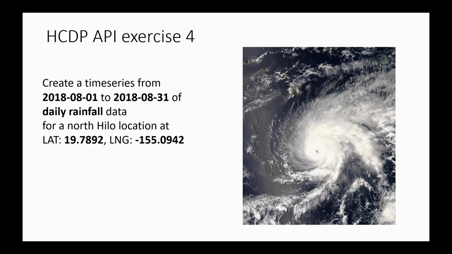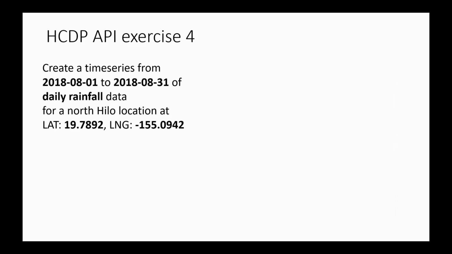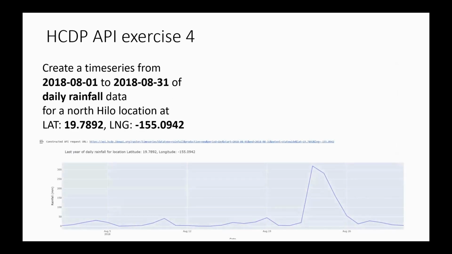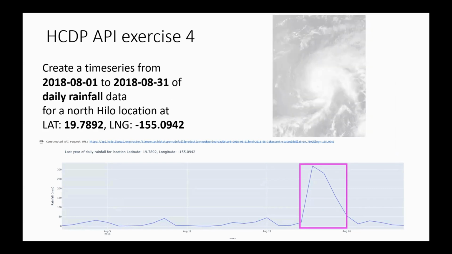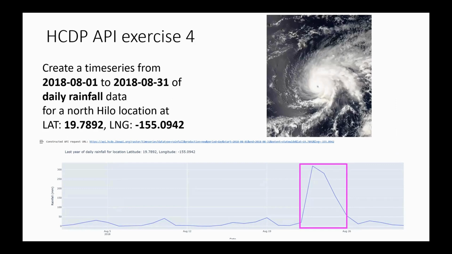Okay, before Jared gives you the full answer, this is what the time series will look like. So you can see this huge spike here getting over 300 millimeters of rainfall. And that was Hurricane Lane. So Jared, take the screen from me and why don't you show people how to edit?